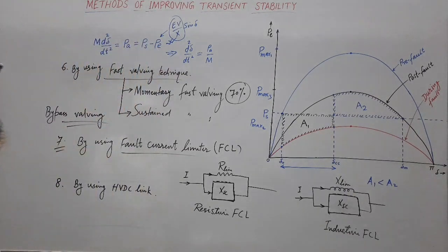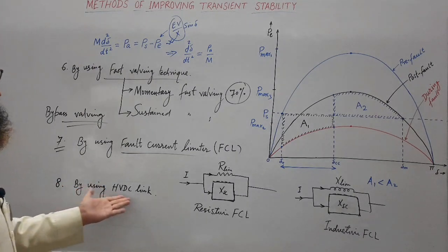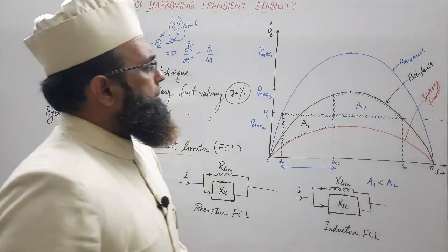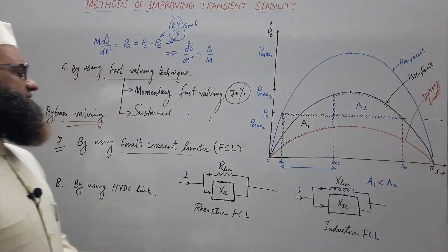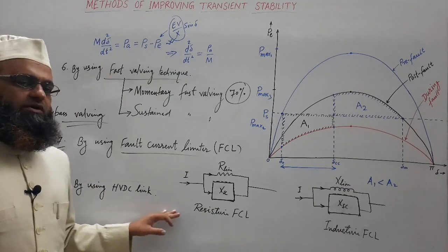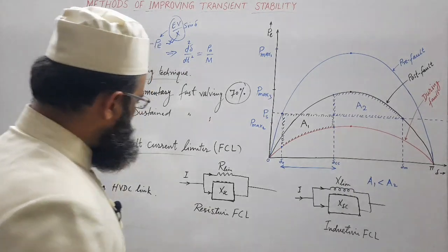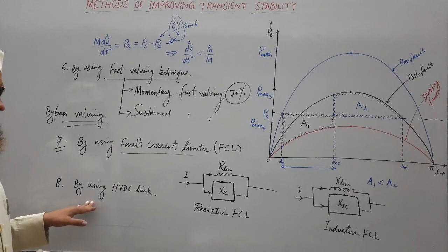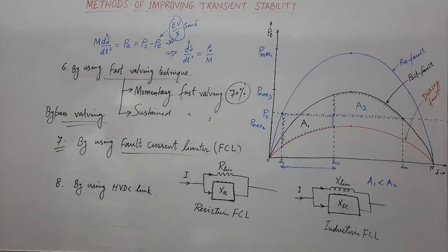So just remember this point only, that by using an HVDC link also we can improve transient stability by having various modulation control strategies. Those strategies I am not going to discuss in detail. Just add in your notebook one simple point, that by using HVDC link we can improve transient stability.